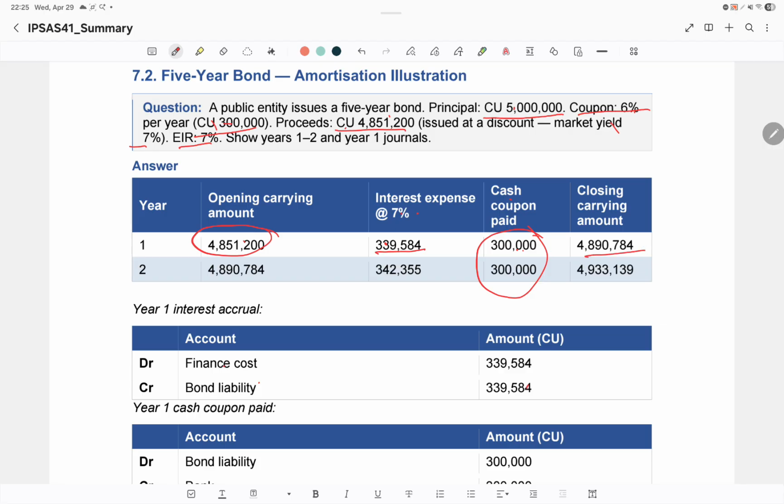So what normally happens is carrying amount plus interest minus cash flow should give you the closing balance. I will share these notes, but it is just opening plus interest minus cash flow.